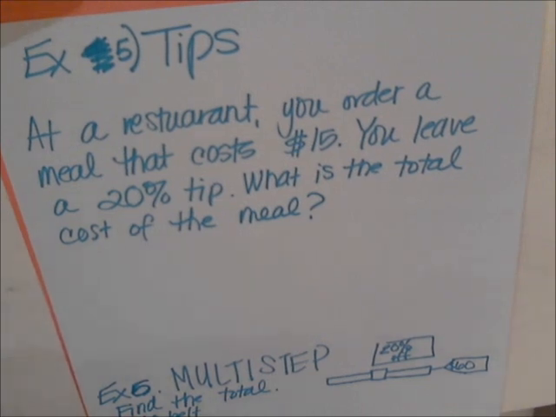We're showing our gratitude for good service. Typically a tip can be 15% to 20%, even 25% if you feel like you got some amazing service. So here we have, at a restaurant, you order a meal that costs $15, you leave a 20% tip. What is the total cost of the meal?